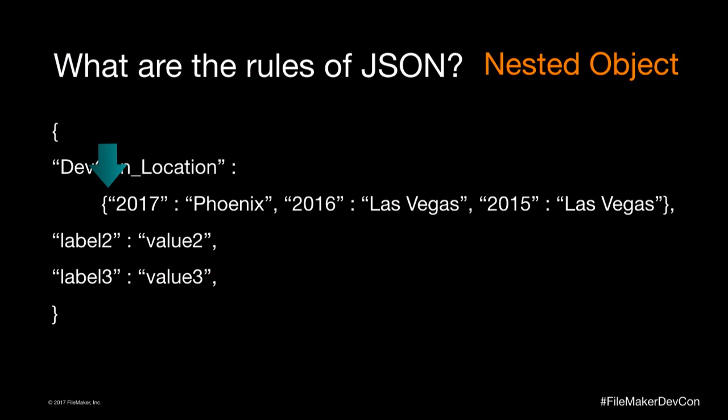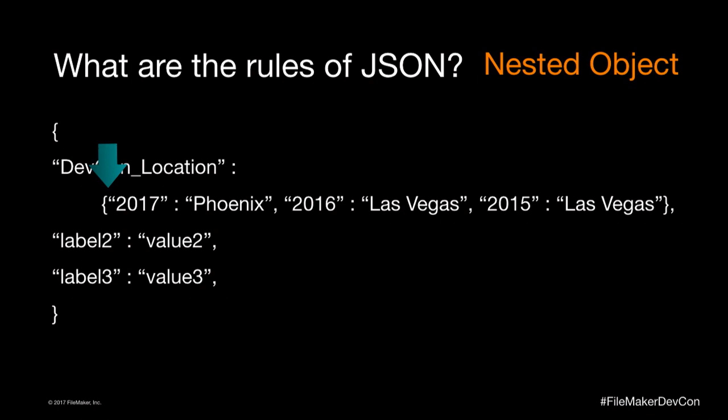So DevCon location is my key, telling me that for this name or identifier, I have an object, and this object has 3 sets of values. So if you remember the first object, each value in there is separated by a colon.